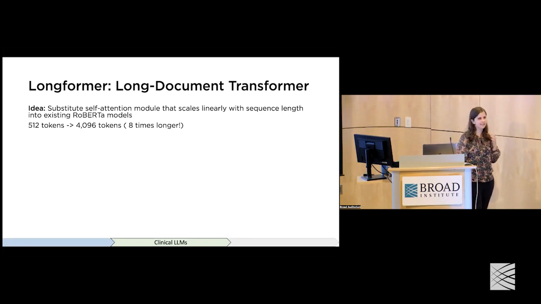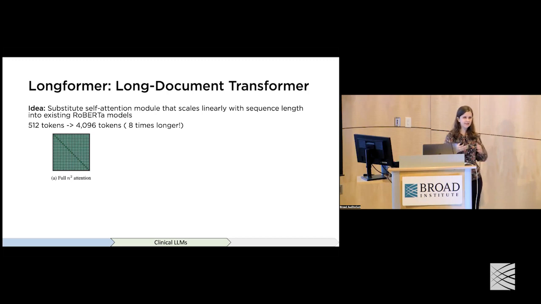Instead of using BERT, the Longformer is actually based on RoBERTa. You could substitute with BERT as well. But if you recall, RoBERTa is essentially BERT trained on more data for longer without the next sentence prediction objective. Using this efficient attention mechanism, the Longformer is able to model sequences up to 4,096 tokens, which is 8 times longer than the original BERT model.